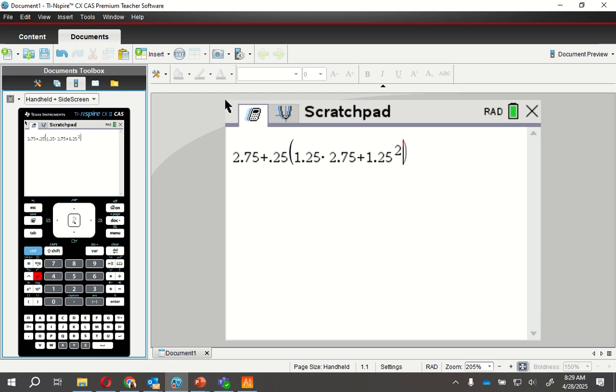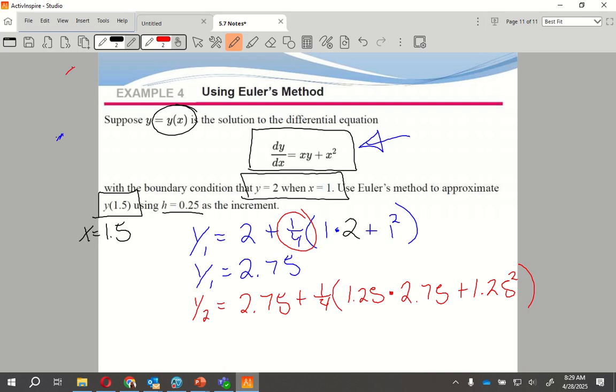Did I insert that correctly? I hope so. Okay. I get 4. So my new y value, my y2, is 4.